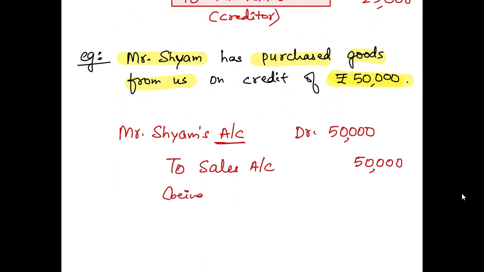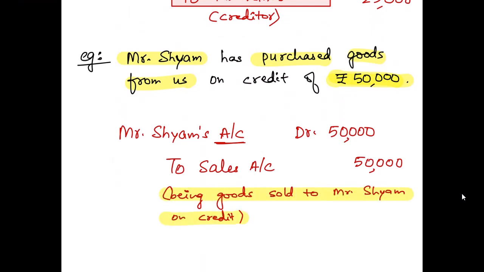Being goods sold to Mr. Sham on credit. What is this which I have written right now? This is called narration. For every general entry, you have to write a narration.